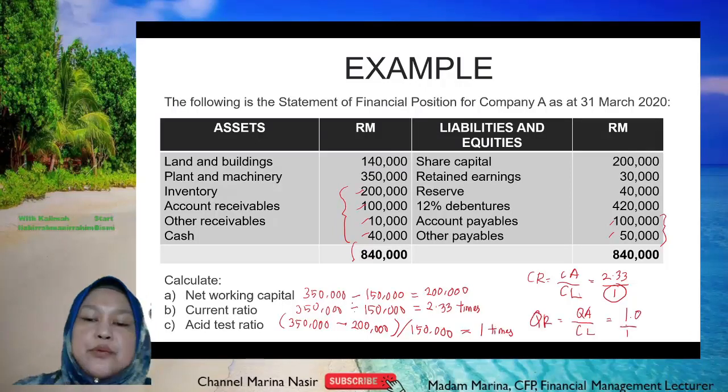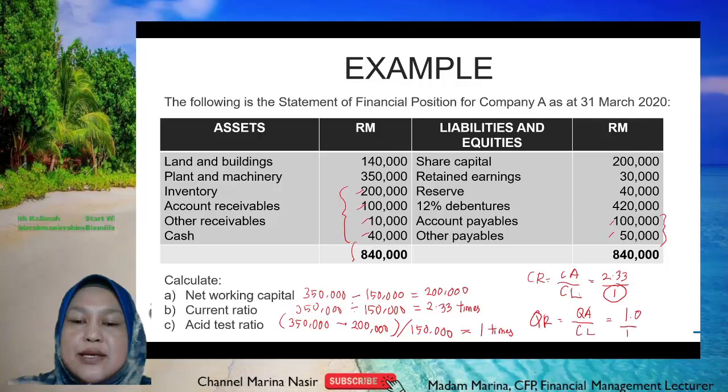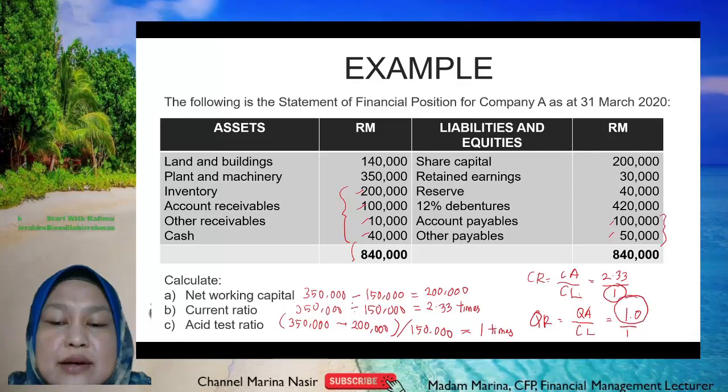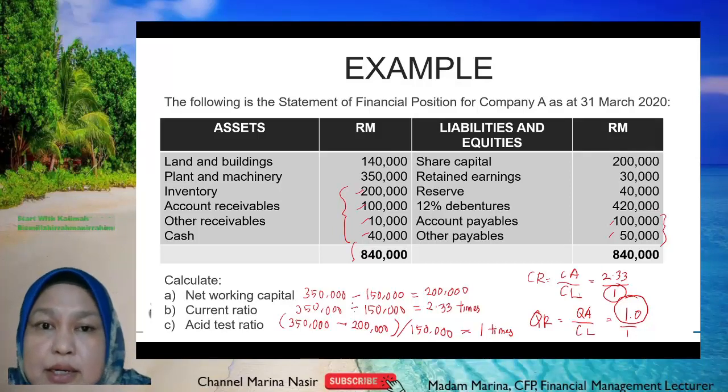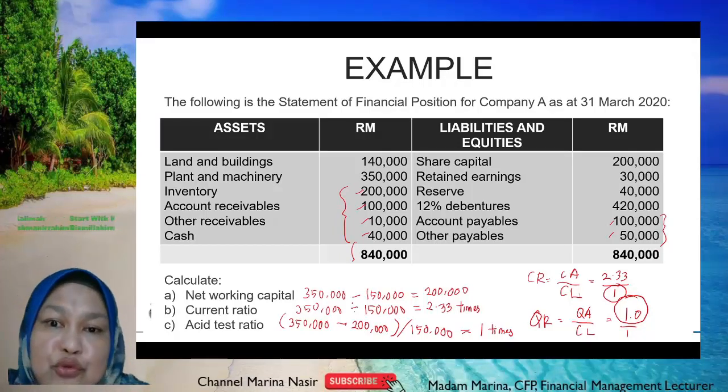What does this quick ratio mean? Company A has RM1 quick asset to settle every RM1 of its current liabilities. Company A ada RM1 quick asset untuk bayar setiap RM1 dia punya current liability. This is what the acid test ratio means.